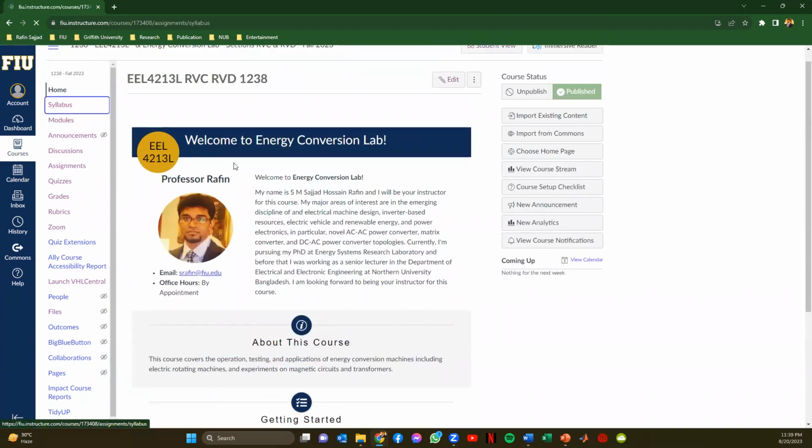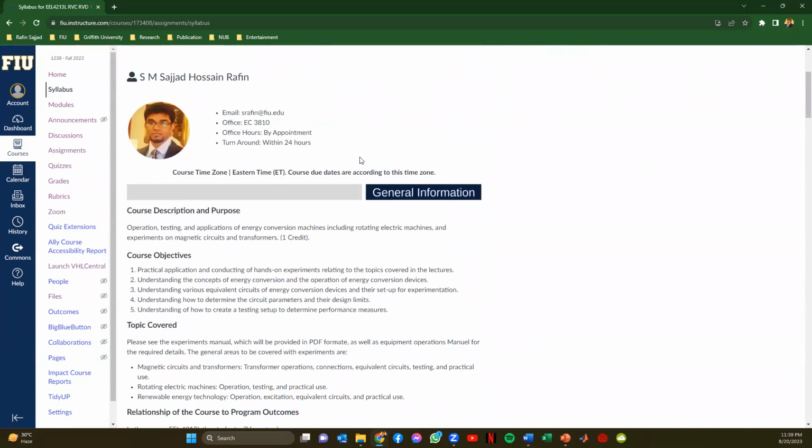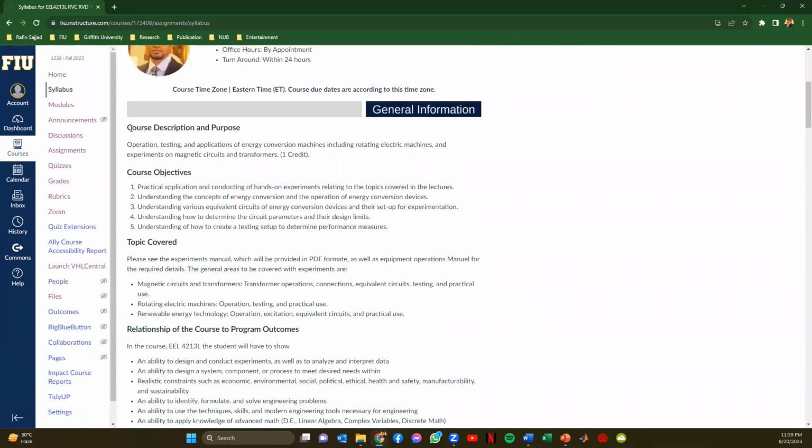Now let's go to the syllabus. This is the syllabus section, with the course description and purpose. I would like you to read all of them: the objective of this course, why we need it, and what you are going to learn from it, because this is a lab. It is directly linked with a course called Power System 1.